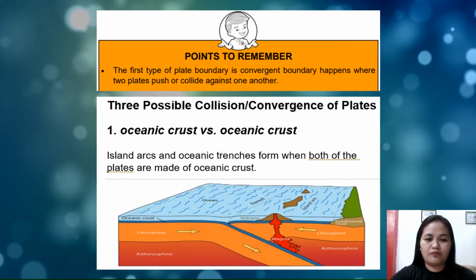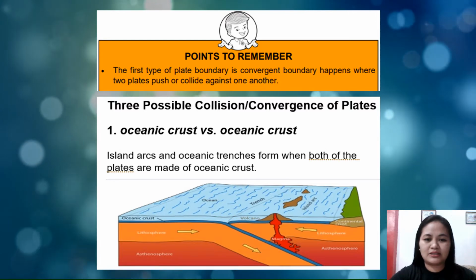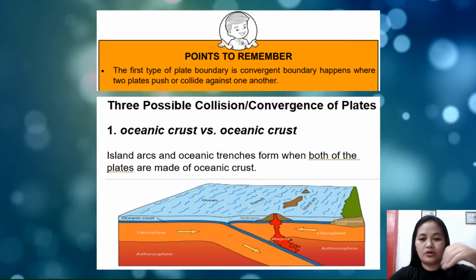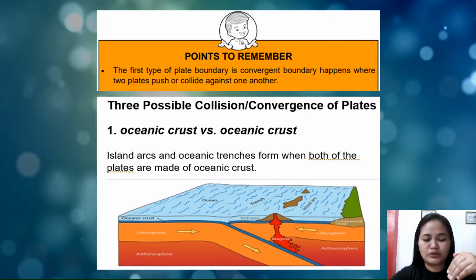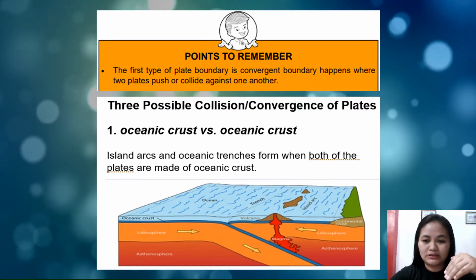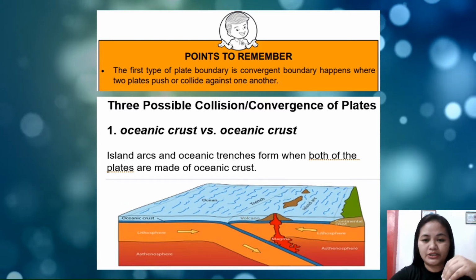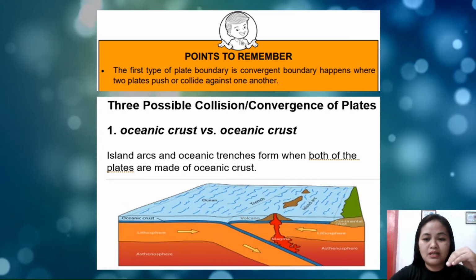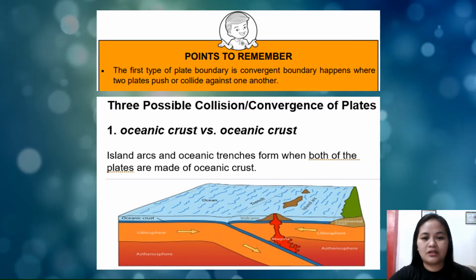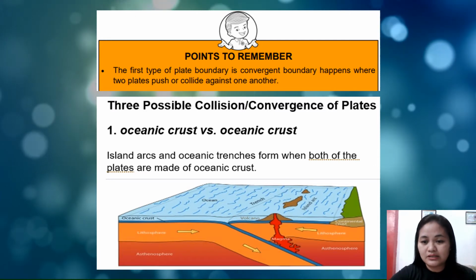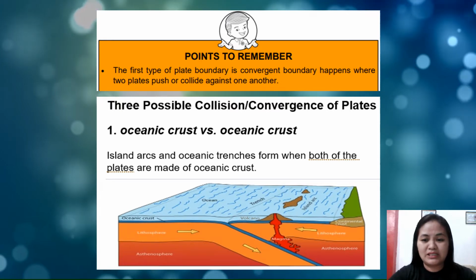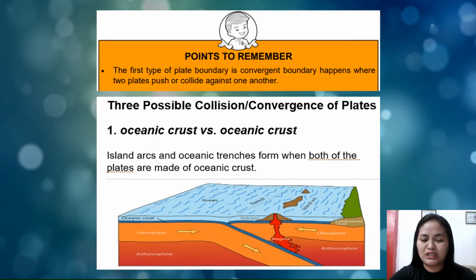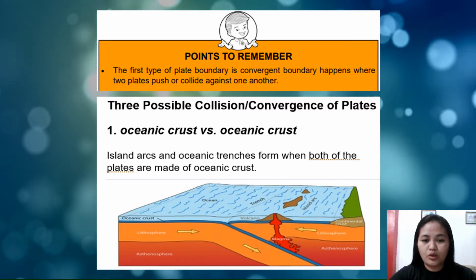As I've taught before, oceanic crust tends to subduct or go down. And when it goes down and reaches the mantle or the second layer of the earth, it will be melted. Why? Because in the mantle is extreme temperature. In Filipino, sobrang mainit sa mantle. So, kahit anong makarating doon ay matutunaw.